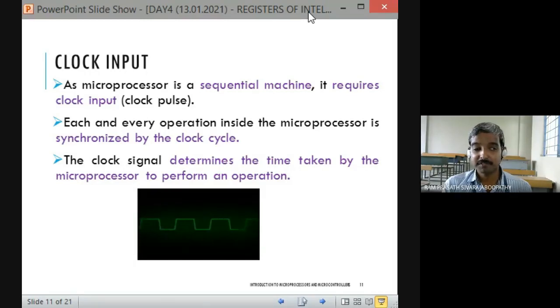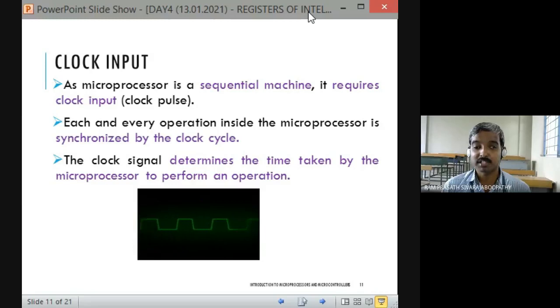Is the on time and off time the same or different? The duration of the on time, is it the same as that of the off time? Yes or no? Same. That means 50% duty cycle. Clear? So half the time it is on, and half the time it is off. Fine. These two time periods together we consider as a single clock pulse time period.